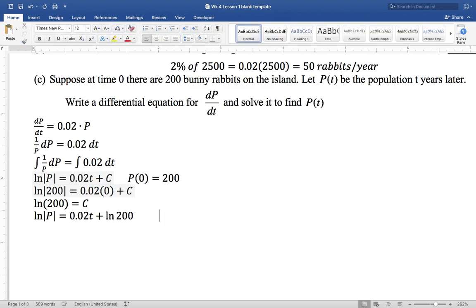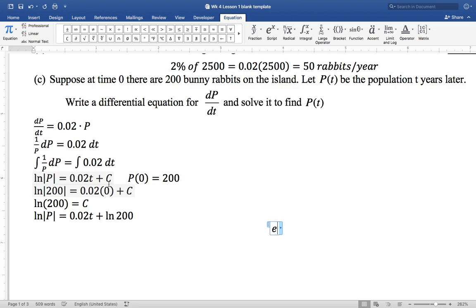Now at this point what we need to do is solve for capital P. Remember that P is the function and t is the variable, so we want to solve for the function capital P. Now the capital P is stuck inside of a natural log function. How do you get it out? Well, you have to exponentiate. That means that both sides of this equation become an exponent of e. We're going to exponentiate both sides by e, the base of the natural logarithm.